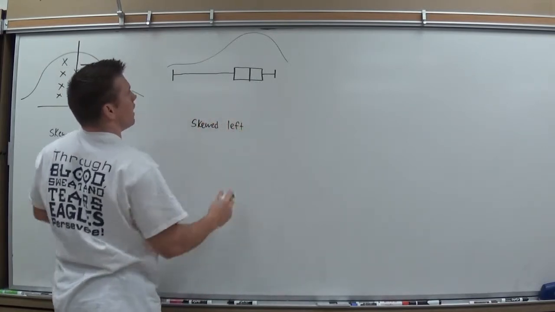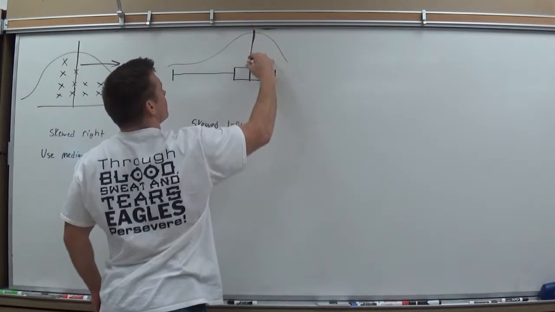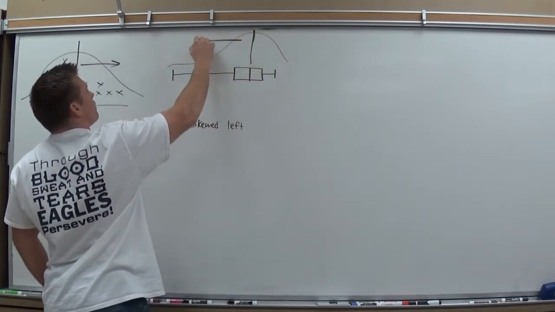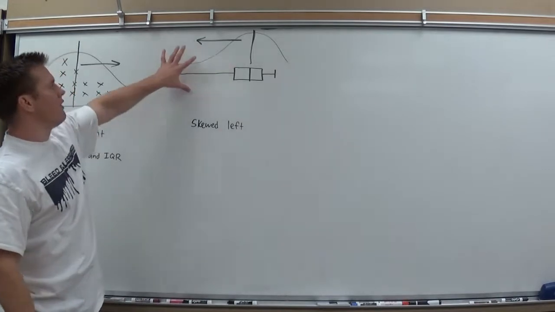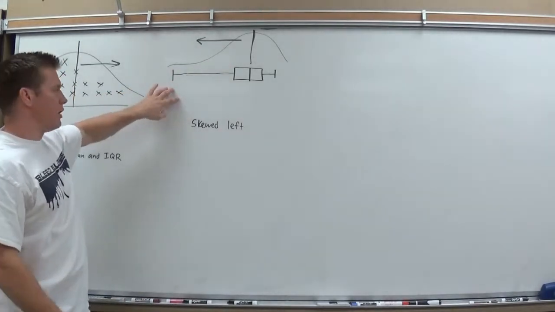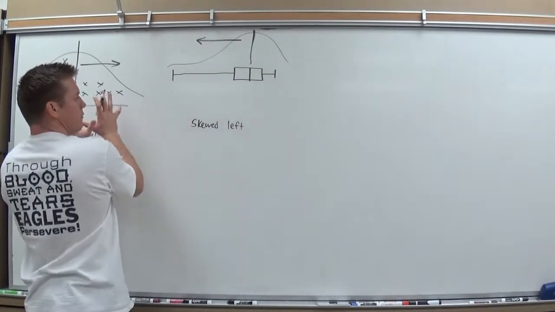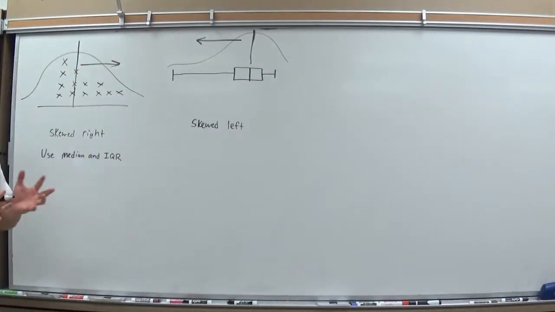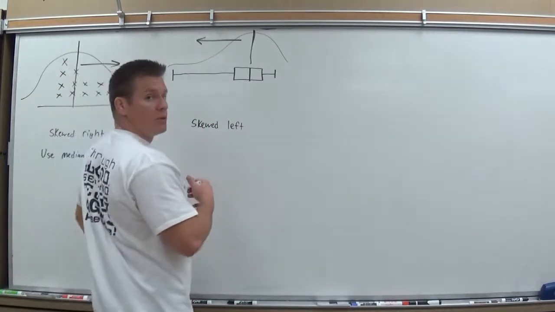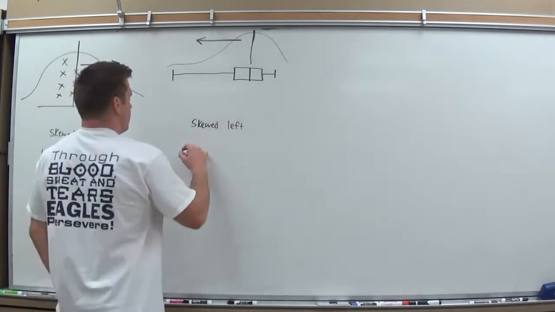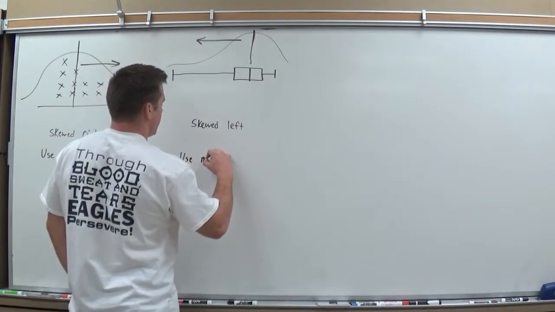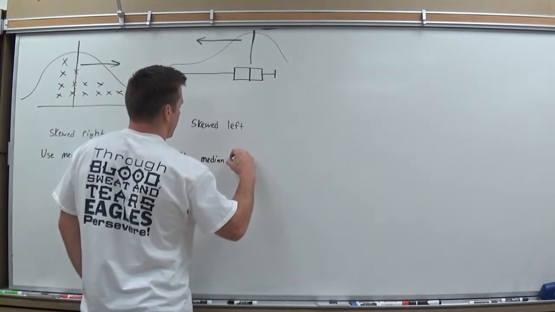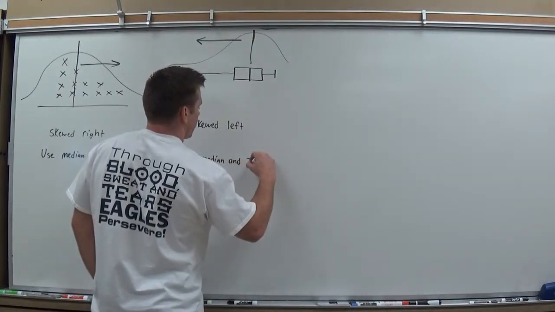Why is this skewed left? Well, your median is in this zone, meaning that your mean would be pulled away from that by some of these smaller values. Since it's pulling the mean left, we call it skewed left. And once again, since that mean is being affected in that way, it's not going to be as accurate of a number. So I should again use my median and my interquartile range.